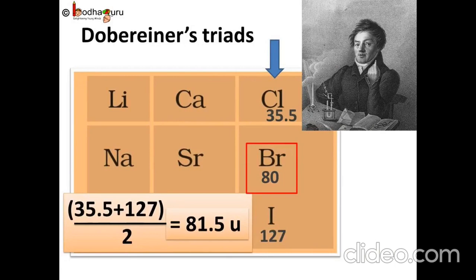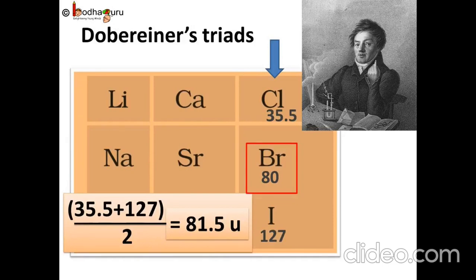Now, chlorine has the atomic mass of 35.5, bromine is equal to 80, and for iodine it is equal to 127. If you see, the mean of atomic masses of chlorine and iodine is equal to 35.5 plus 127 divided by 2, which is equal to 81.5.